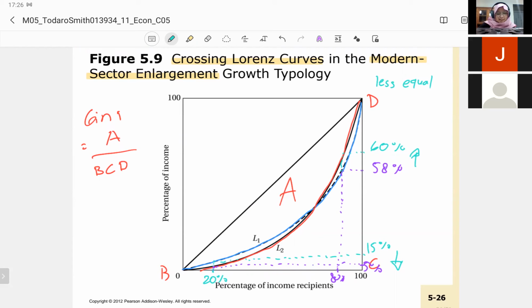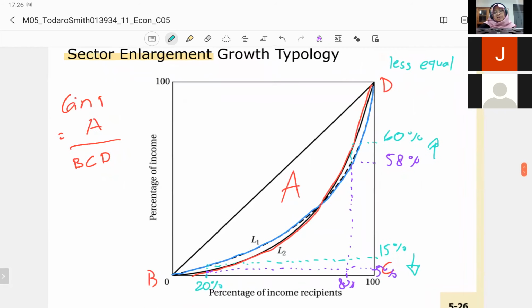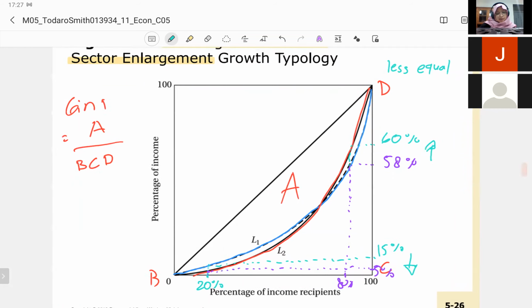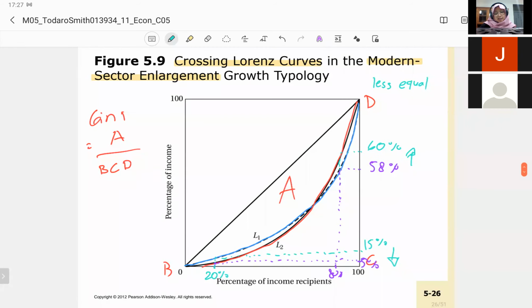So that's why the share of the rich people's income is going to go up. Meanwhile, the poor is going to go down, even though in nominal numbers maybe they have more money than before. But relative to the rich people, the gap is going to get even higher than before. Okay, so this is the crossing of the Lorenz curve.